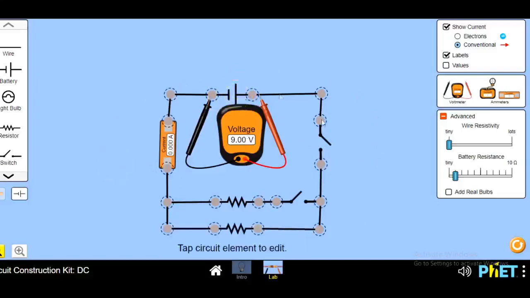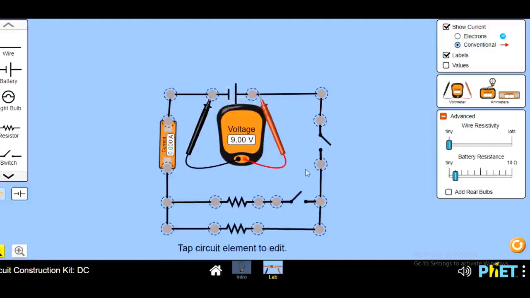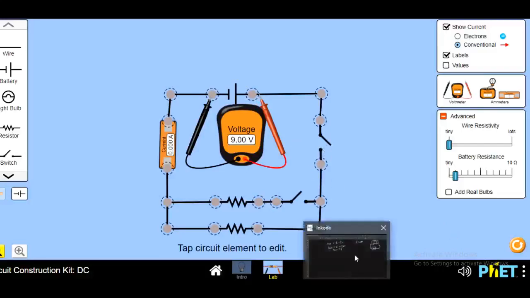I'm reading that the terminal potential difference is 9 volts, which is the same as the EMF. So now, what happens if I close the circuit?